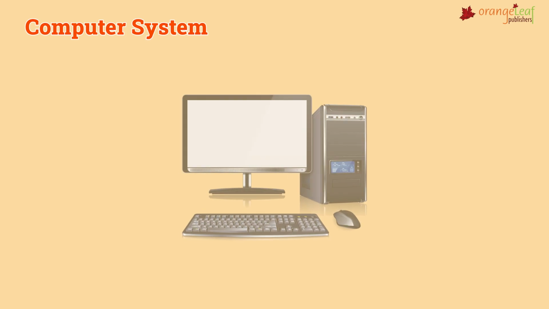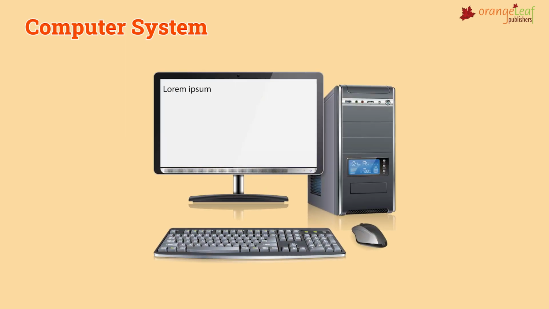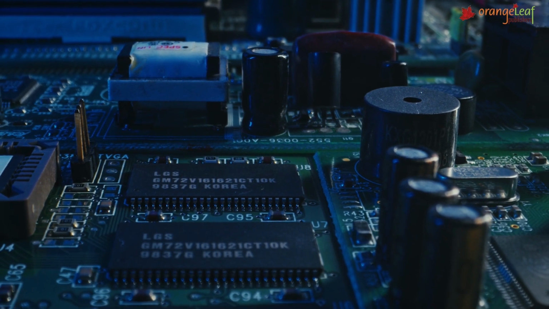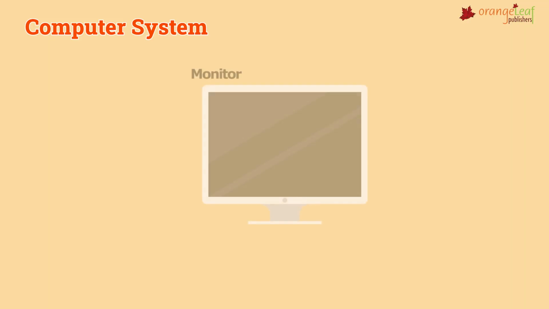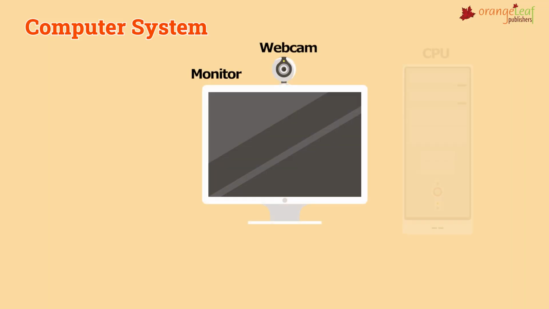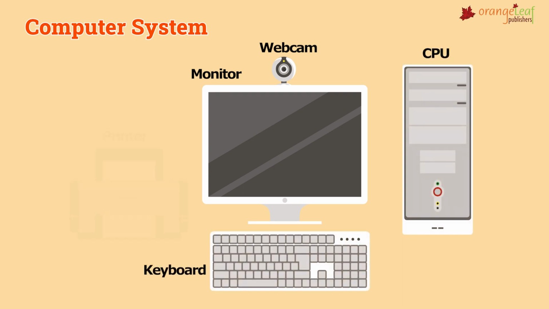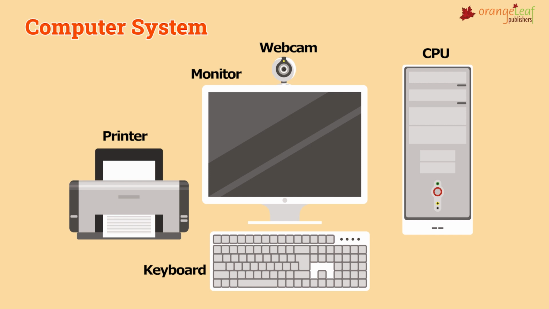Computer system. A computer is an electronic device capable of performing significant tasks. It consists of multiple components that function together. A computer has two types of components: those that can be seen, touched, and felt, and those that cannot.